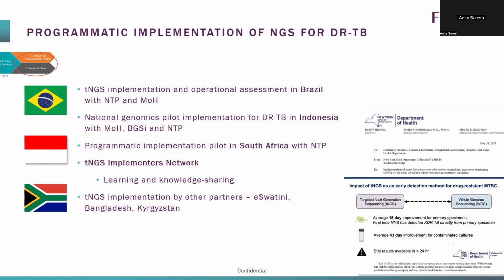They were using whole genome, but they really pivoted to targeted sequencing based on the improvement they were seeing in turnaround time and overall performance and all of those positive benefits they could actually prove. New York State is one of the most notorious in terms of getting an approval through. So this was really great to see that they are now utilizing tNGS as part of their statewide implementation.